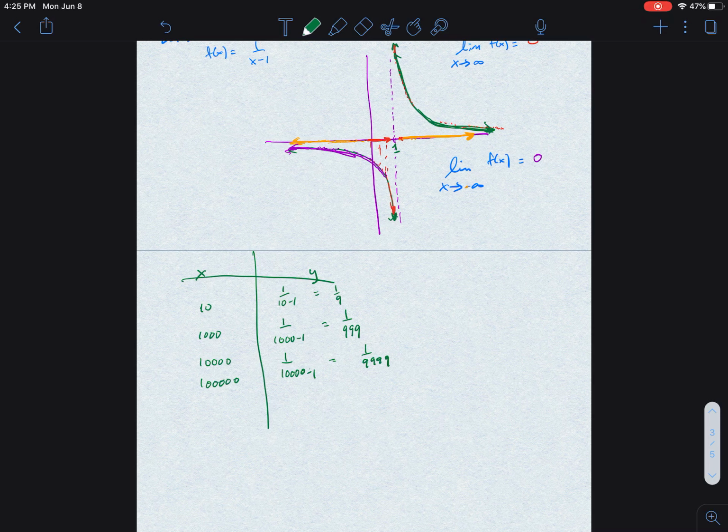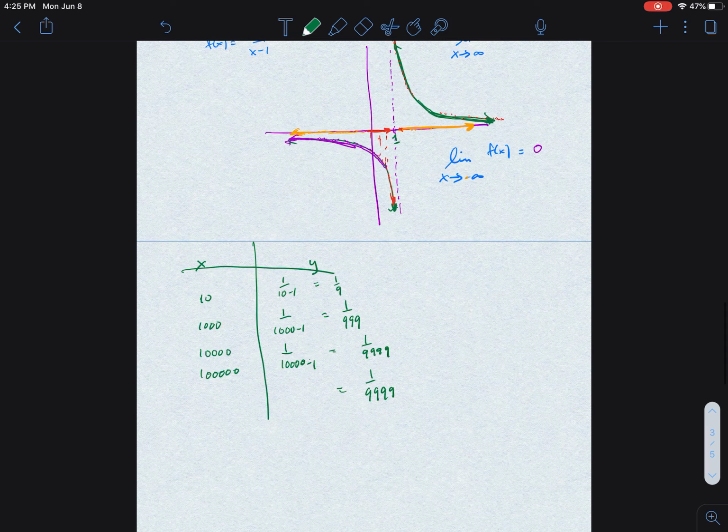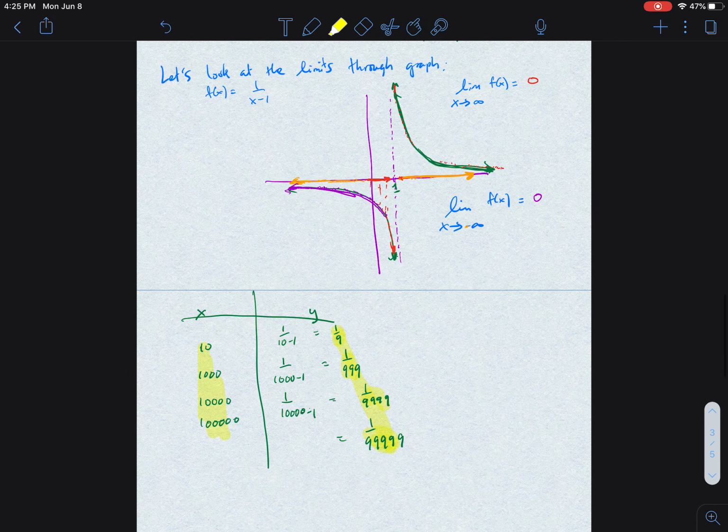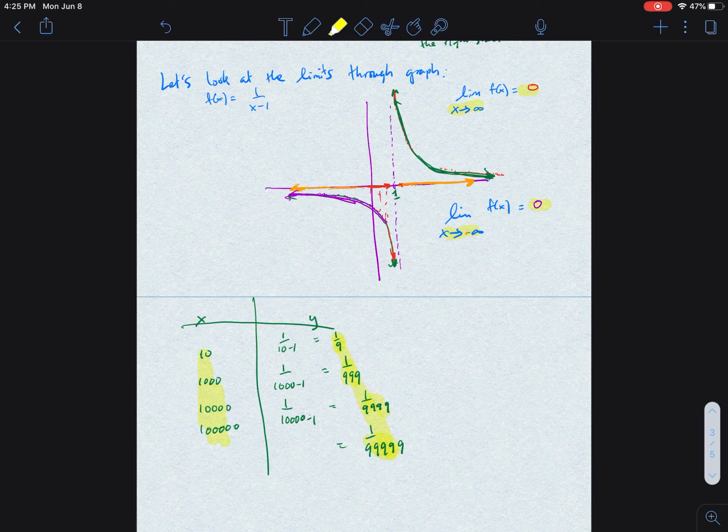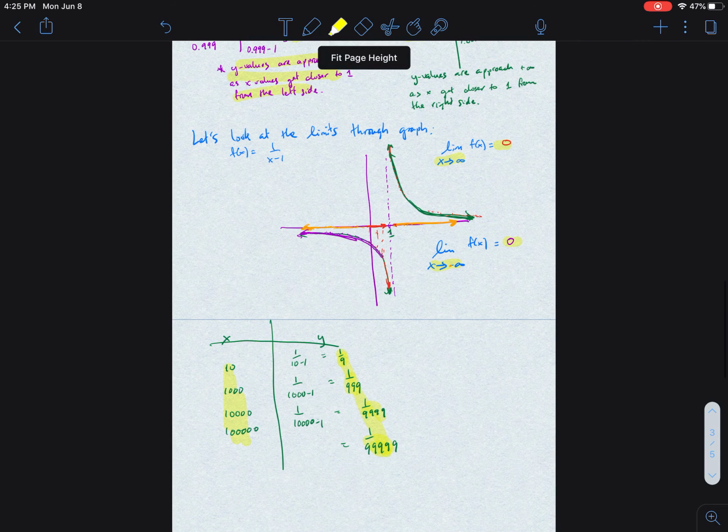As you can see here, the y value is getting closer to 0, right? This number is getting closer to 0. This is really small. So as x gets even larger, the y value is decreasing to 0. So that's what this is saying. Same thing with this as well. So that's the other concept.